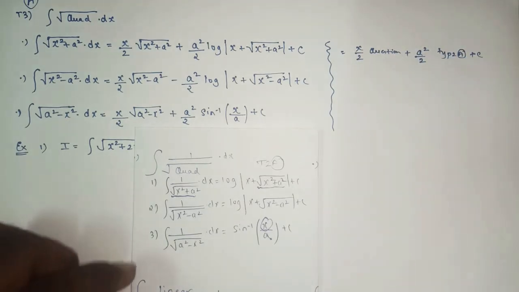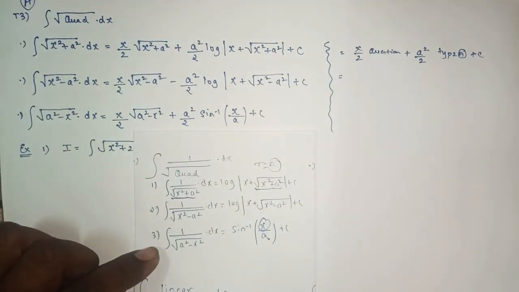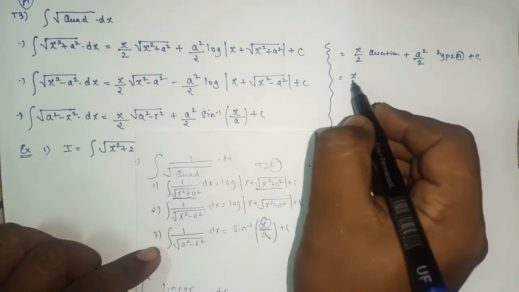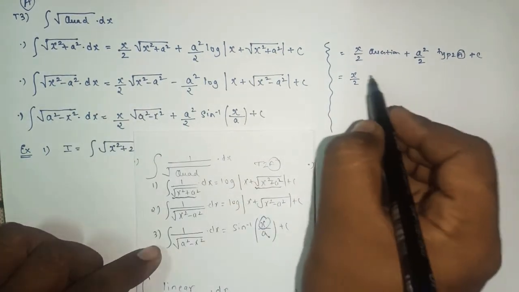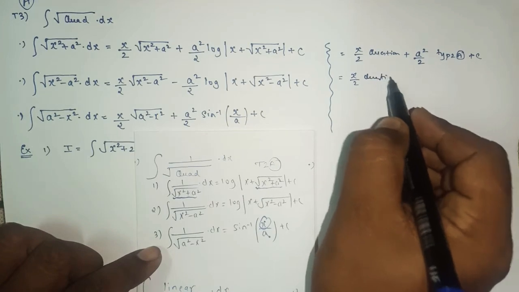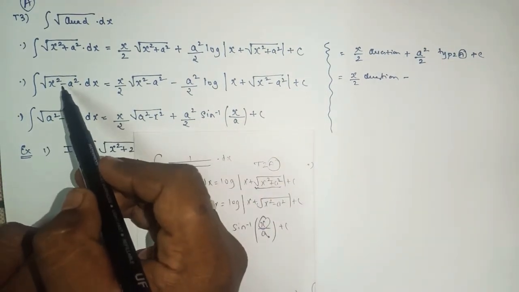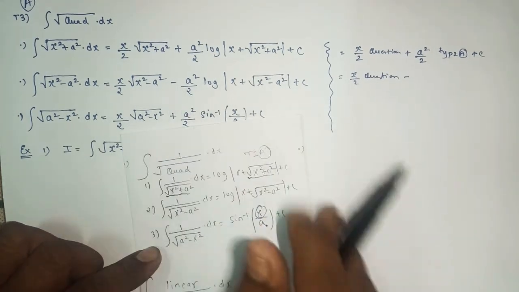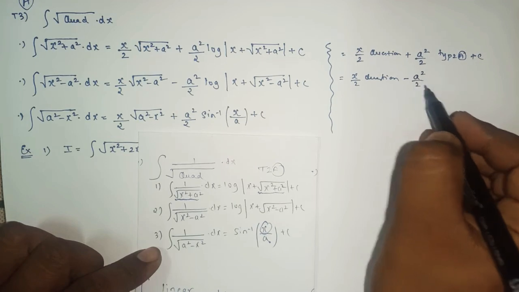Then for the second one, root x square minus a square into dx, the formula is x by 2. First you will write x by 2, then this x square minus a square is what, the question only, yes or no? Then the question, then after that you will write minus, as here we have minus, you can remember like this. Then you will write a square upon 2.